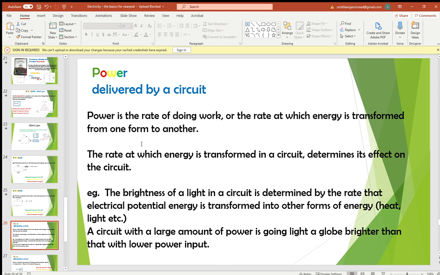Work, of course, is the change in energy. Here, we're changing energy into different things, such as a light bulb turning electrical energy into light. We can measure the power, or the rate that that energy is being converted, if we understand the voltage and the current that's running through the circuit.